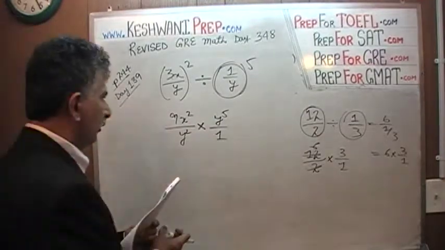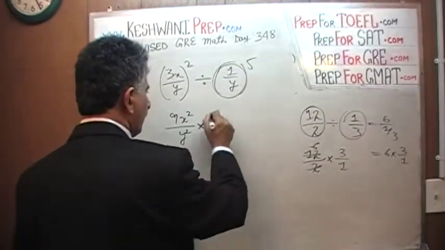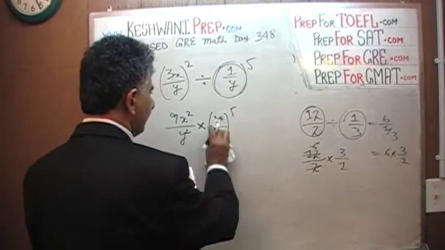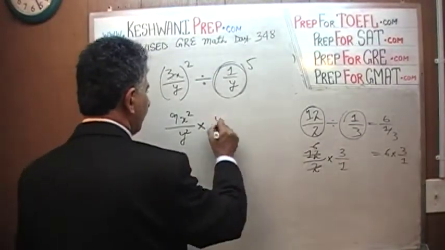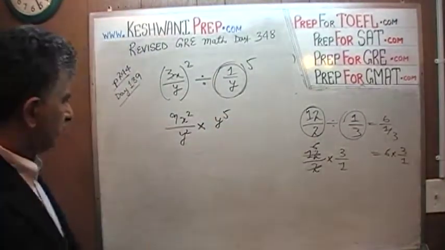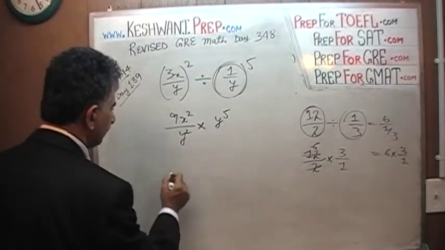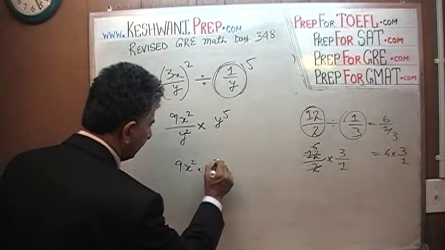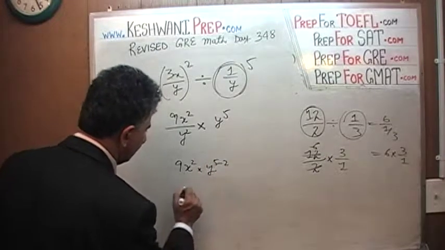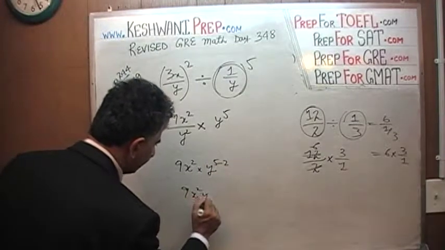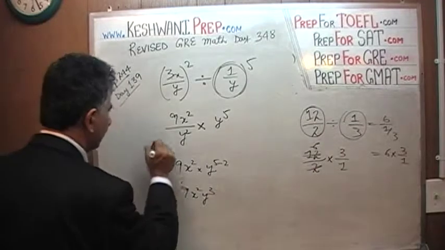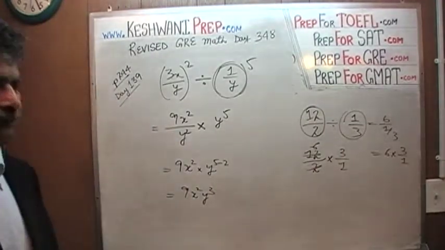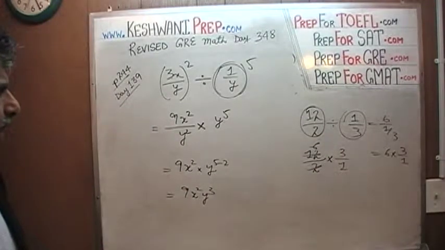So it becomes y raised to 5. And now we have to combine the two y's together. So we have 9x squared times y raised to 5 minus 2, which gives us 9x squared y cubed. That's all.